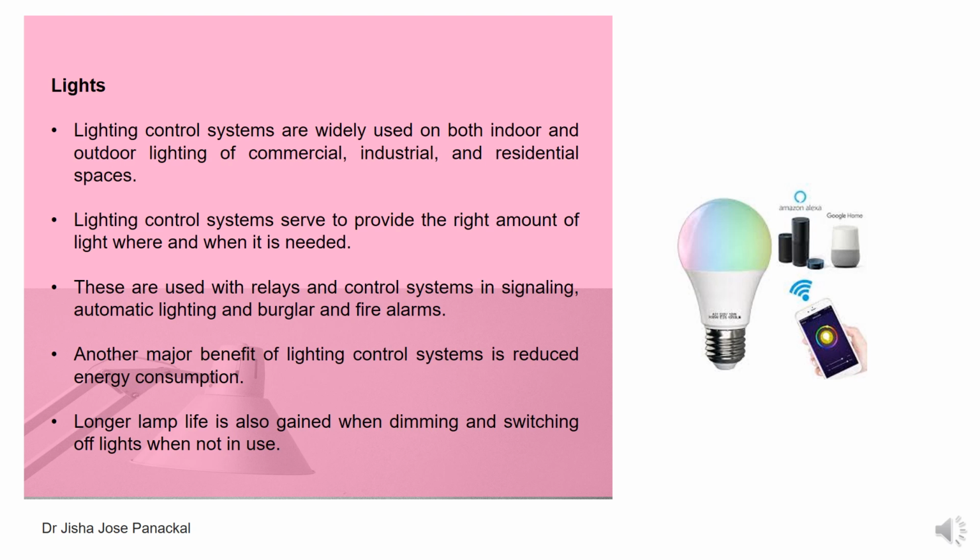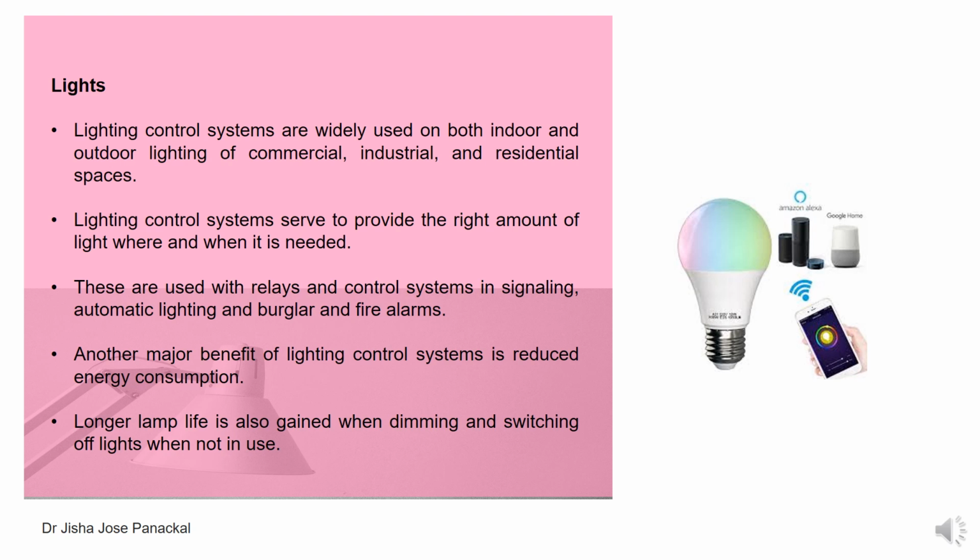Another major benefit of lighting control systems is reduced energy consumption. We can reduce the amount of energy consumed by using this type of systems. Longer lamp life is also gained when dimming and switching of lights when not in use.